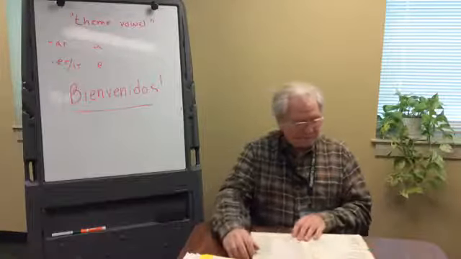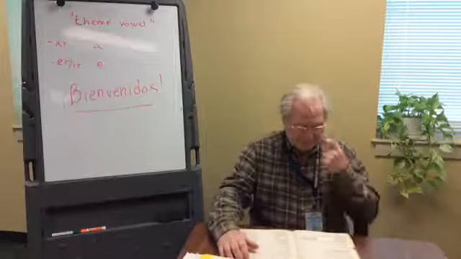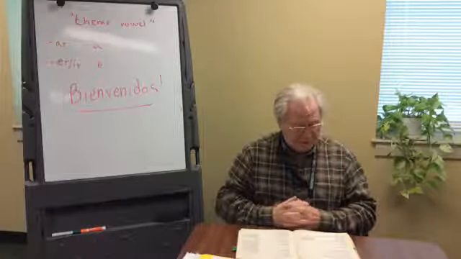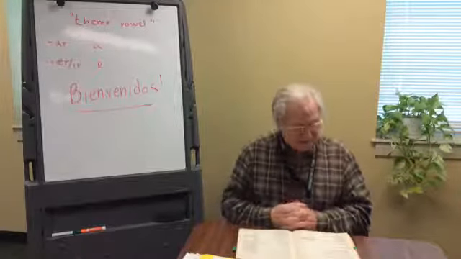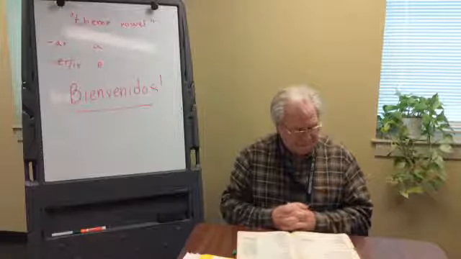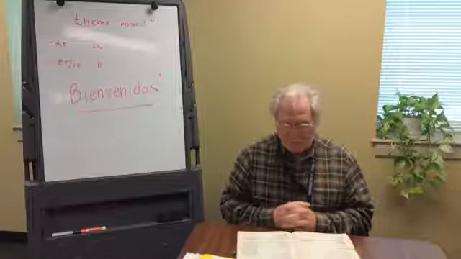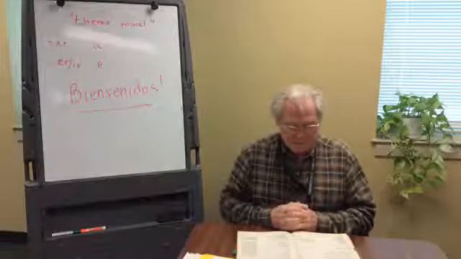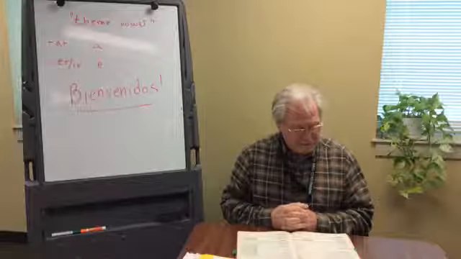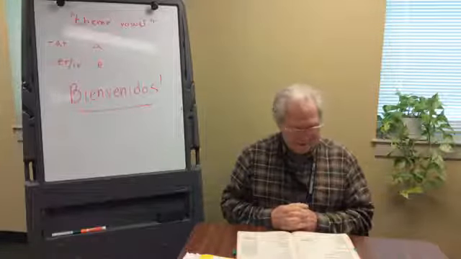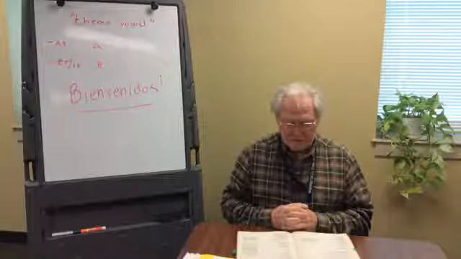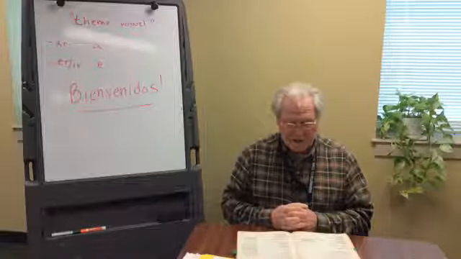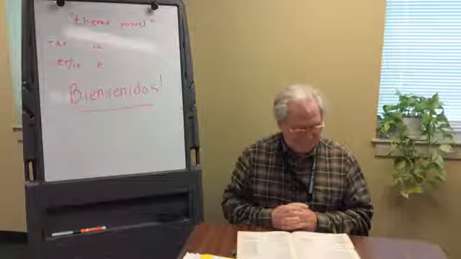So, the imperative for ustedes and usted follow the same pattern. As you probably would realize from looking at it, the plural has the N ending, and the singular does not have the N ending. It just has the vowel.